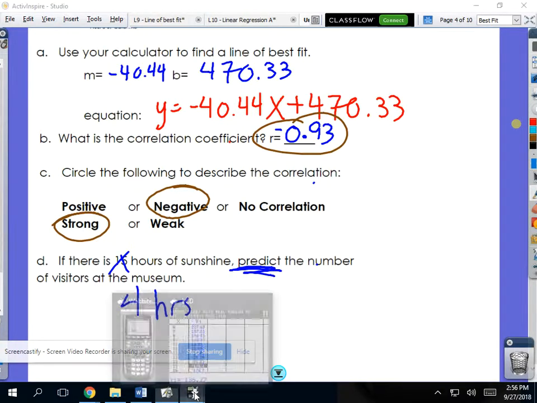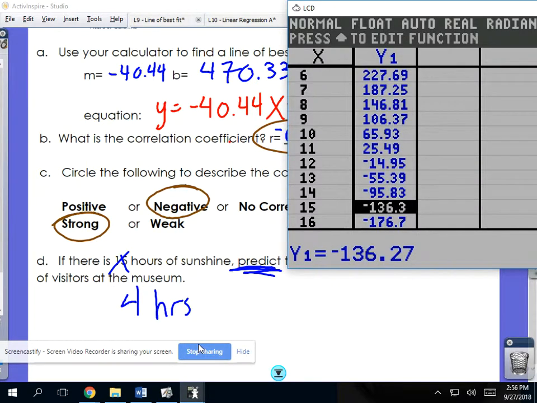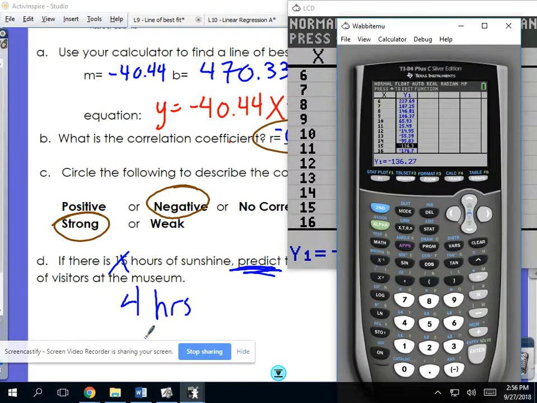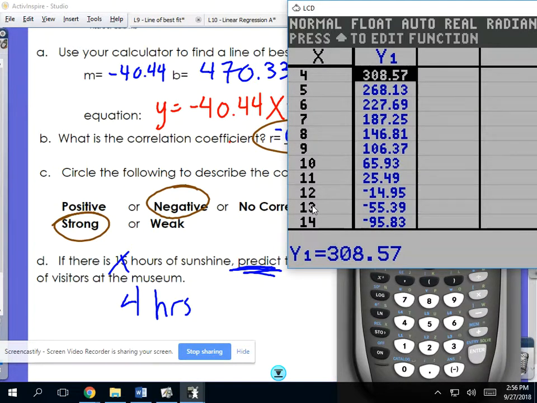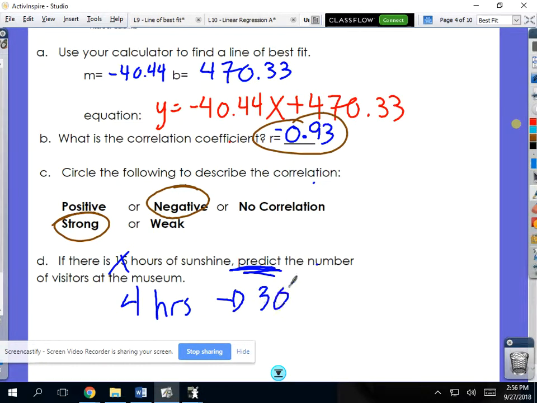In that case, you're going to look at your table, go to the 4th hour in your X column, and you're going to see that there would be around 308 visitors. I promised an easy way to do that.